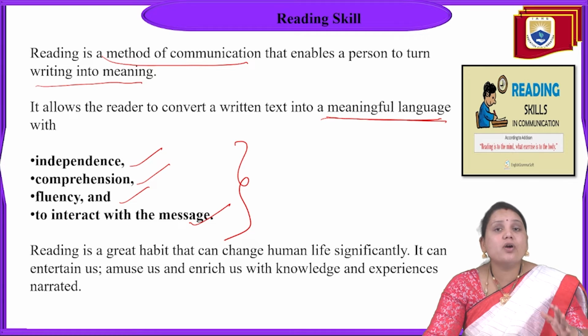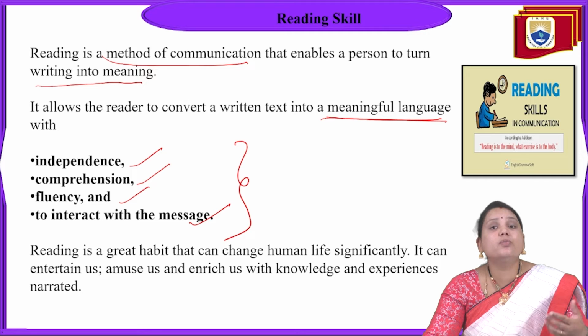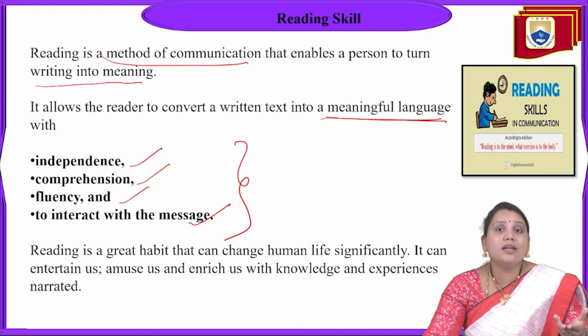So, once you have awareness, once you have the independence of thought, once you can comprehend the language, you can have mastery over fluency. The fluency must be over the accent, the dialect, the way you communicate, the gestures towards the reading entity you are taking up.